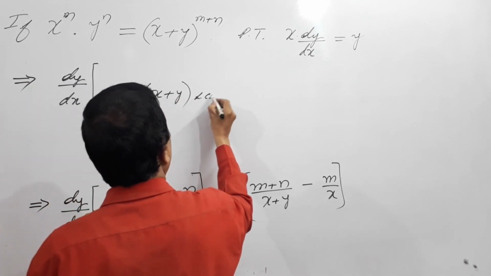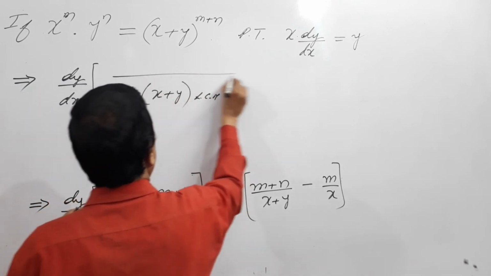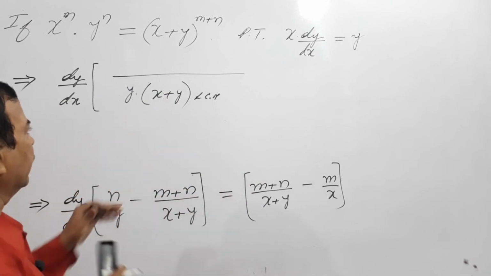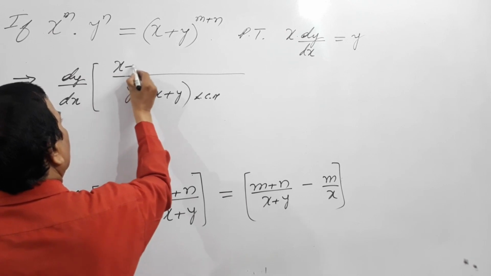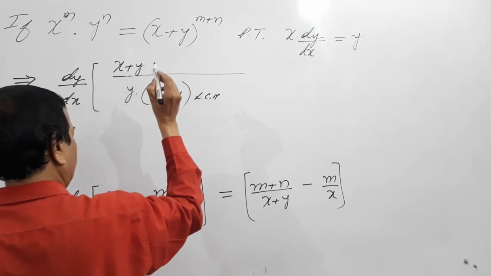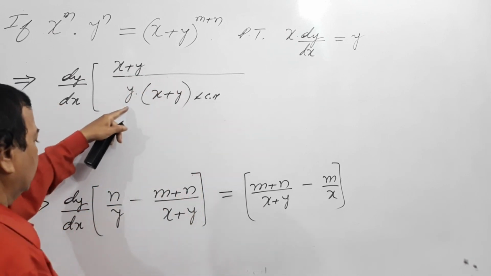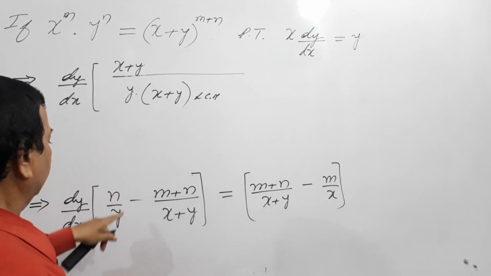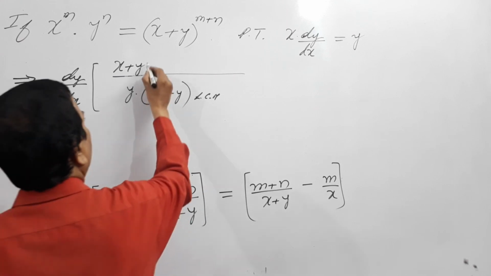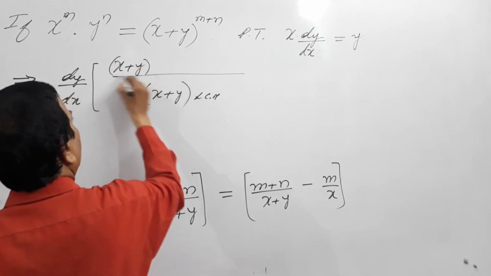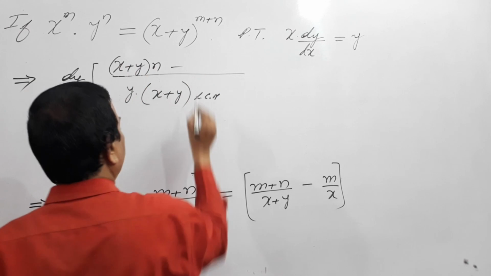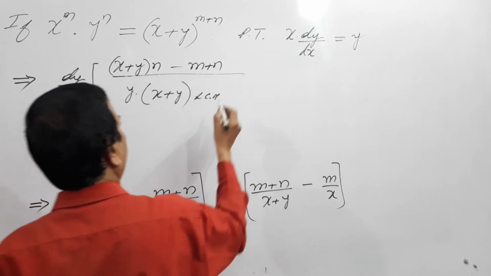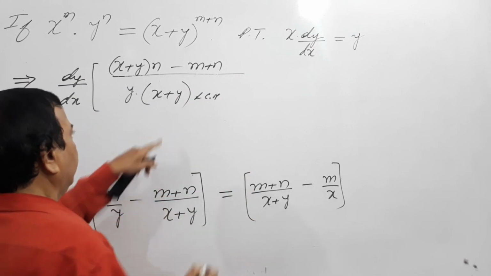This is the LCM divided by, here y goes one time, this becomes x plus y. y goes into n minus m plus n, it goes one time into y.